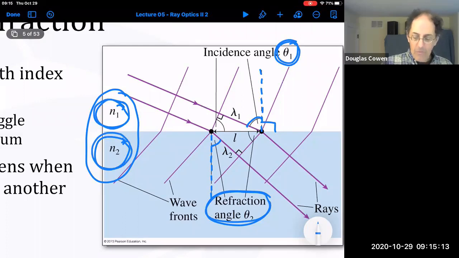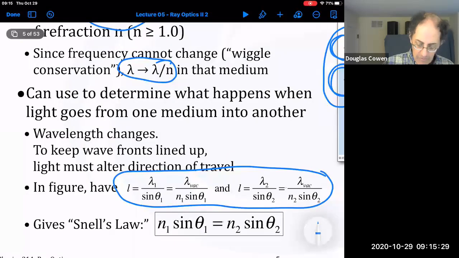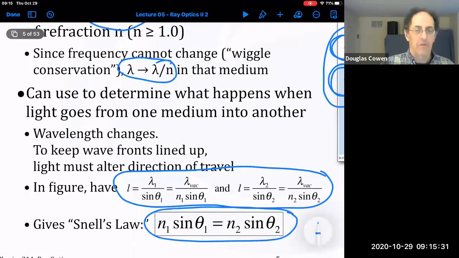So using some relatively straightforward trigonometry, if you look at this diagram, and this is done in the text, I won't do it here, you can basically write down this expression, which you can simplify to what's called Snell's law, which is shown here, which says that the index of refraction of medium 1 times the sine of the incident angle theta 1 is equal to the index of refraction of medium 2 times the sine of the angle of refraction theta 2.